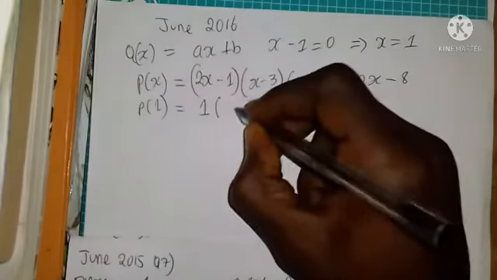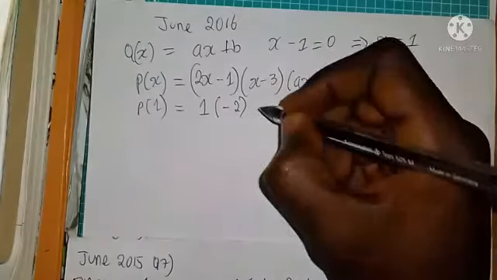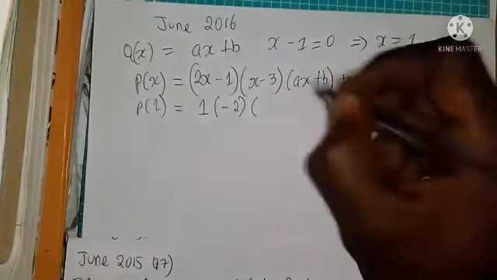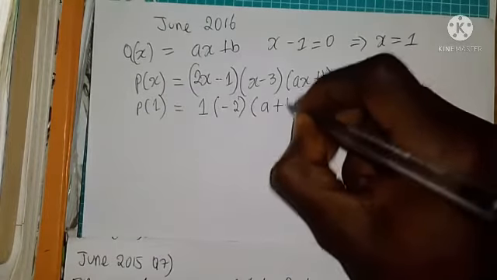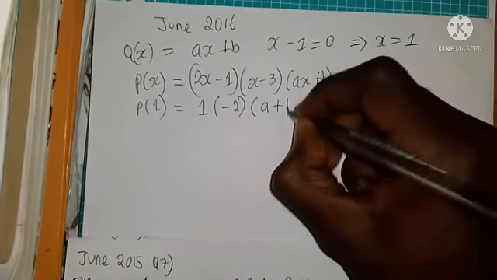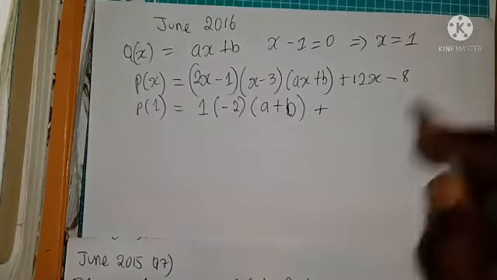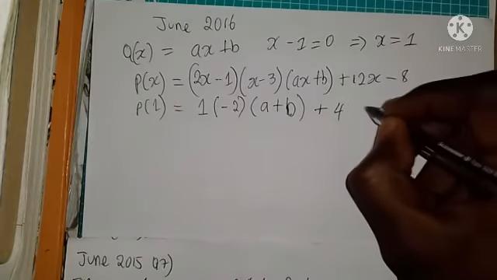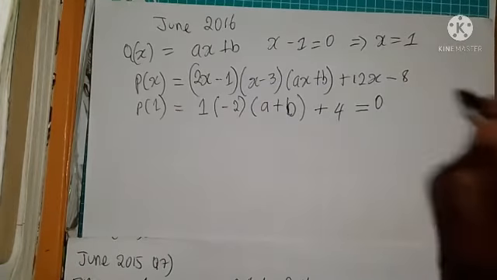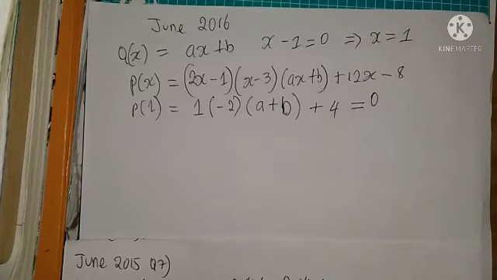Here again we're going to have a minus 2, here we're going to have a plus b, plus 4, equal to 0. Why plus 4? 12 times 1 is 12, minus 8 is going to give us 4.